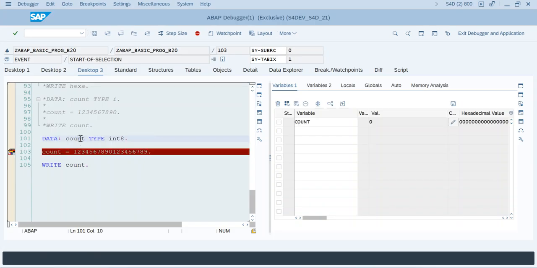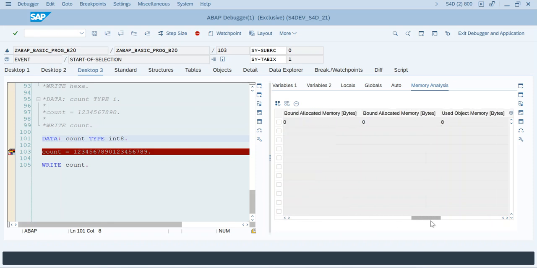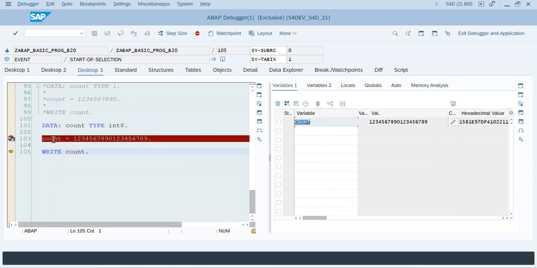Now if you go to the memory analysis, you will be able to see INT8. Just scroll to the right and see allocated object memory is 8 bytes. Now if I execute, you see it can store additional numbers, right?